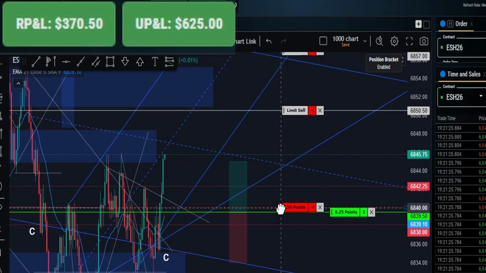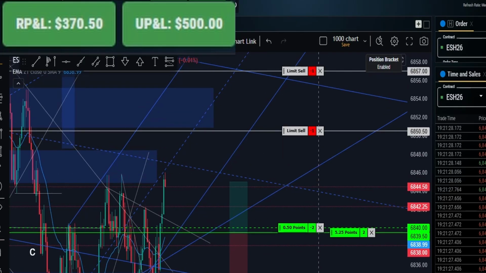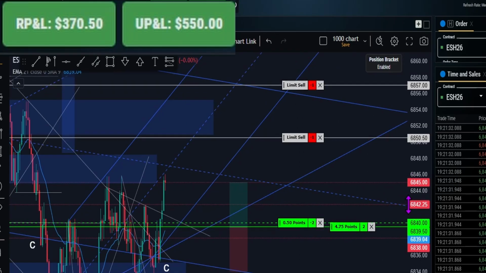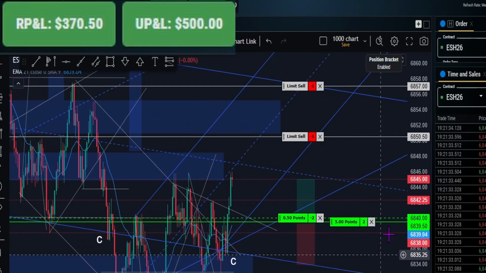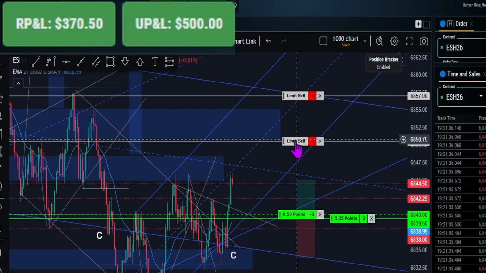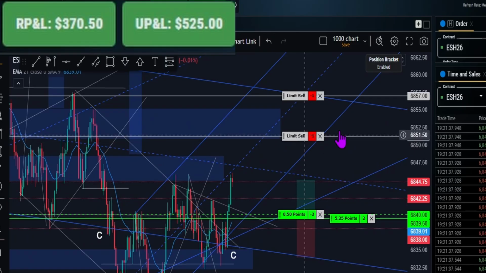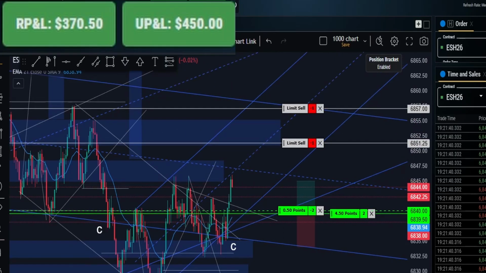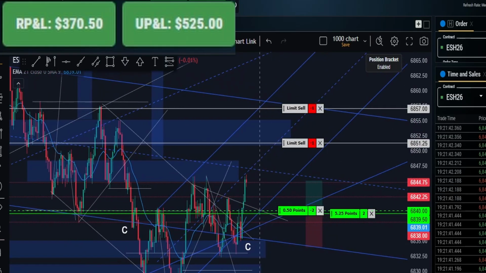Order filled. Okay. Now we are on the right side, and I want to see the next range. I want to go to the next range.